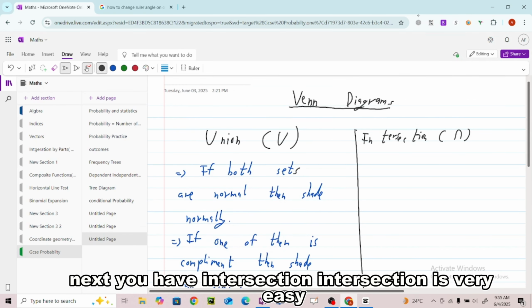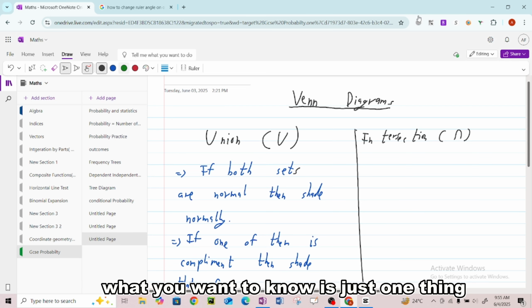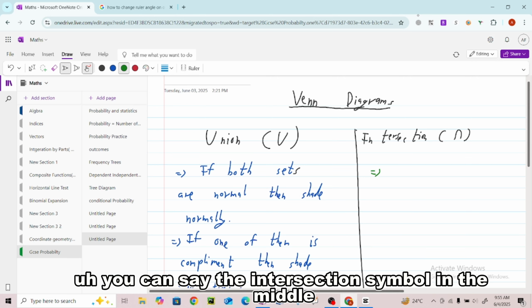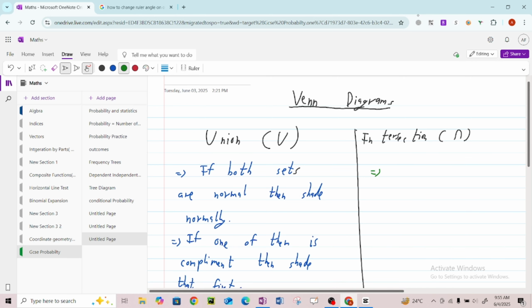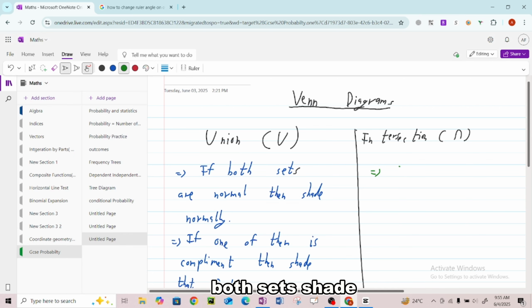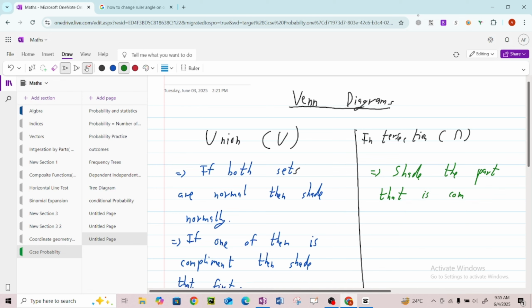Next, you have intersection. Intersection is very easy. What you want to know is just one thing. If you have two sets and the intersection symbol in the middle, you shade the part that is common in all sets.